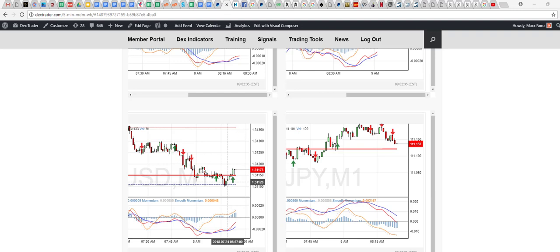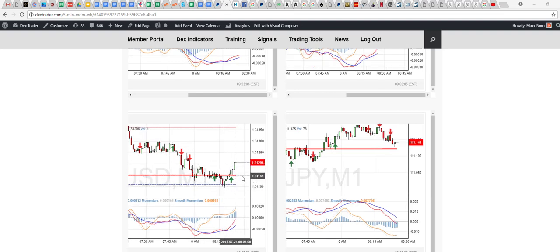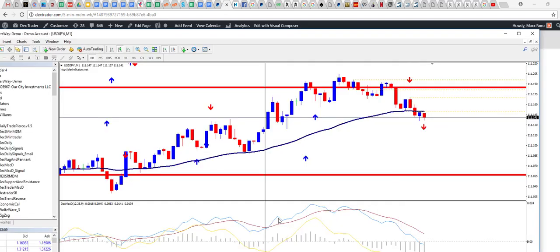We've come down, set a lower high, lower low. But now we've broken that here. The moment that this starts to come down, if it uses this foothold to go up, we may no longer be in a downtrend. We may be starting our uptrend marker, which then the first down arrow would not be a continuation of downtrend, it would be a reversal on an uptrend. Yep, there we go. It's been established.